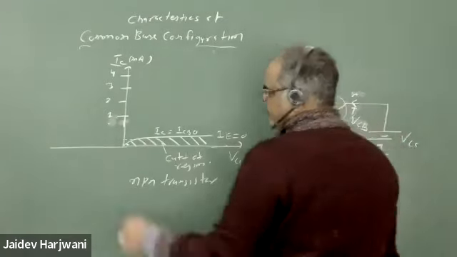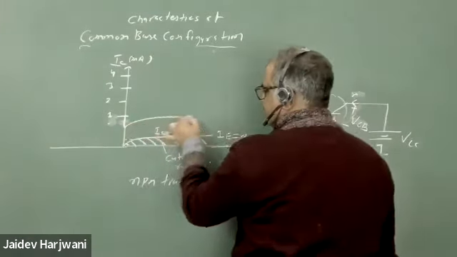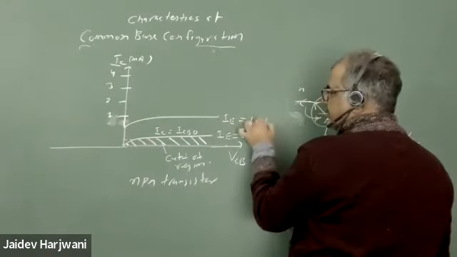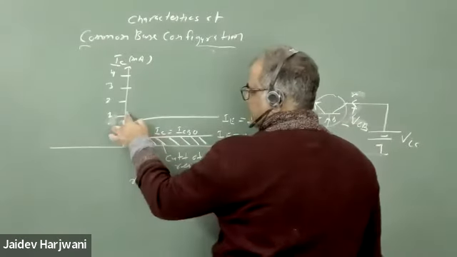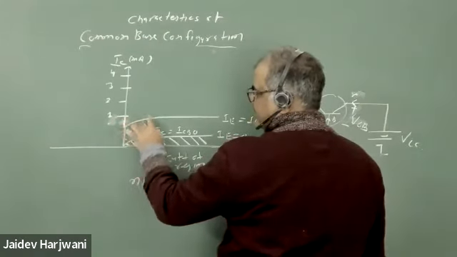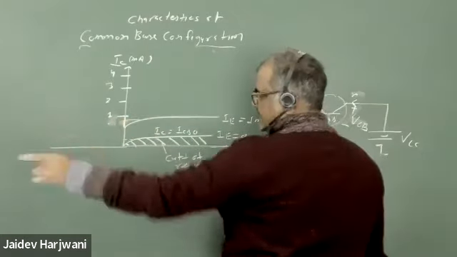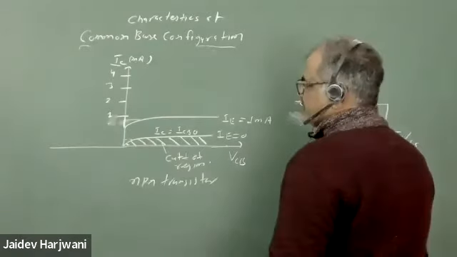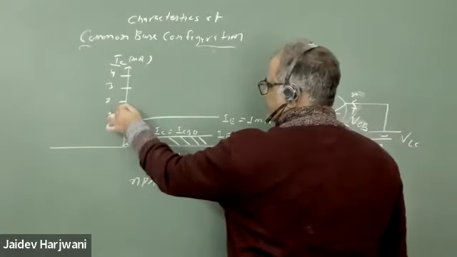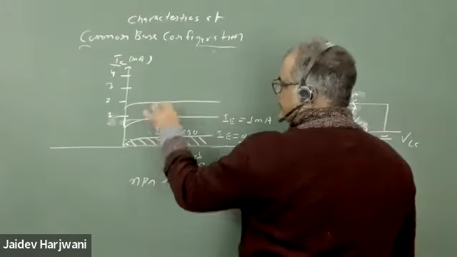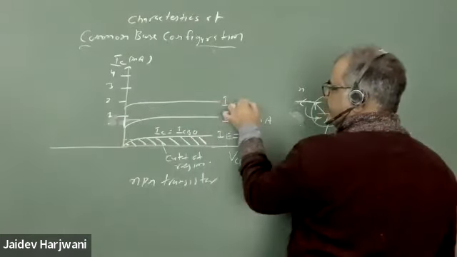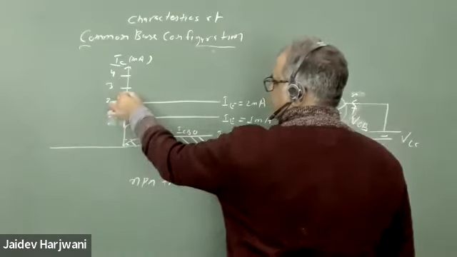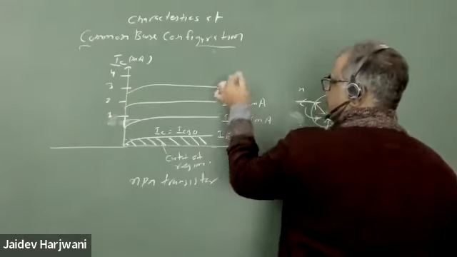So if I fix IE equal to 1 milliampere, my IC value will be slightly less than this 1 milliampere, so 0.9 milliampere. Similarly, if I put IE equal to 2 milliampere, this is the IC value. So IC values are slightly less than your IE. And this is my IE equal to 3 milliampere.